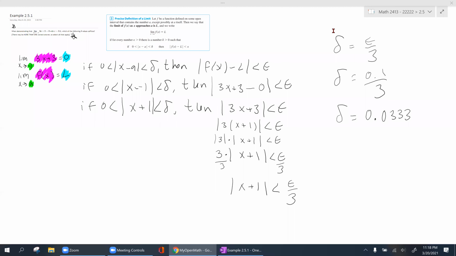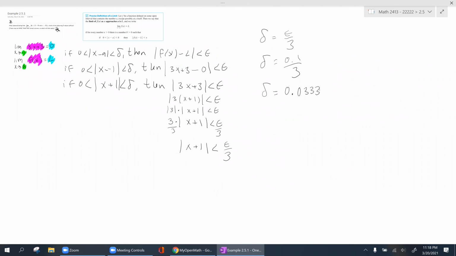So what I have here, right, is since now I know what epsilon over 3 was, epsilon over 3 is this: x plus 1 is less than, well, epsilon over 3 was 0.1 over 3, or this here is just 0.0333.